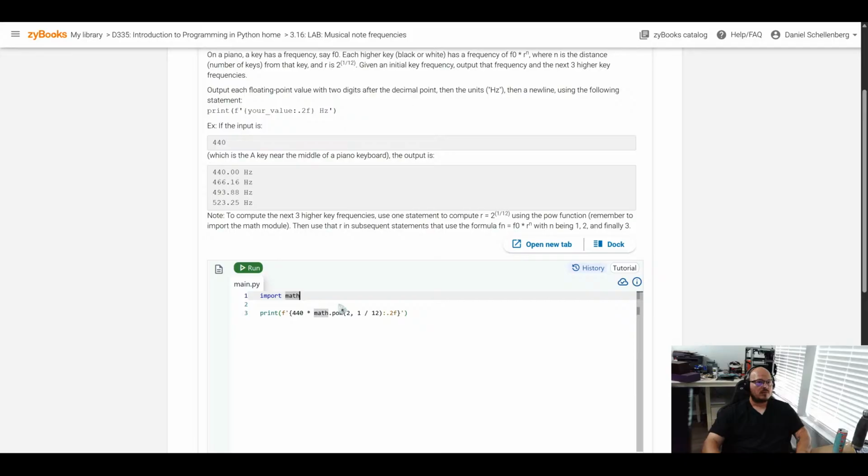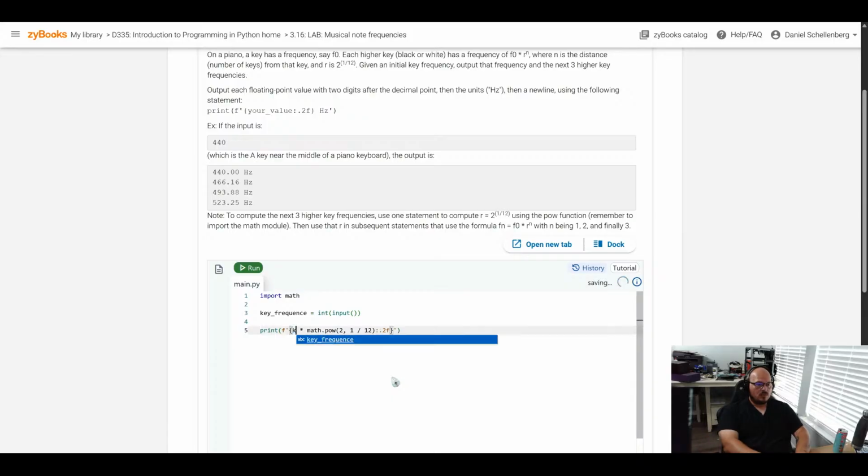So let's do the key frequency input. So this would change to key frequency.